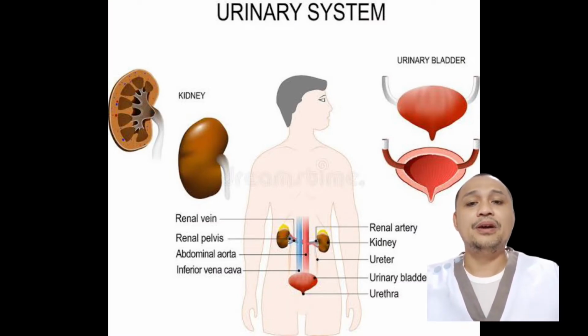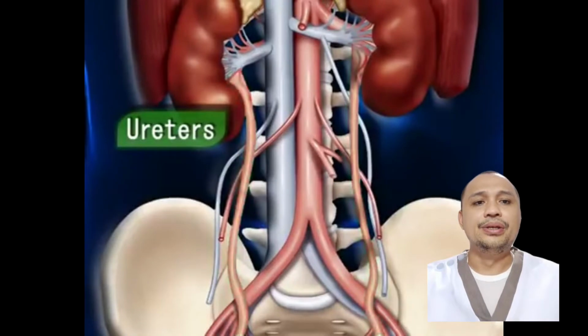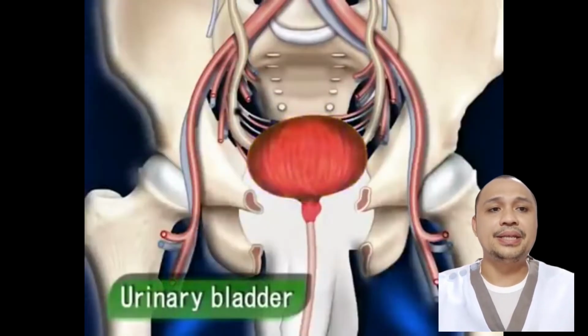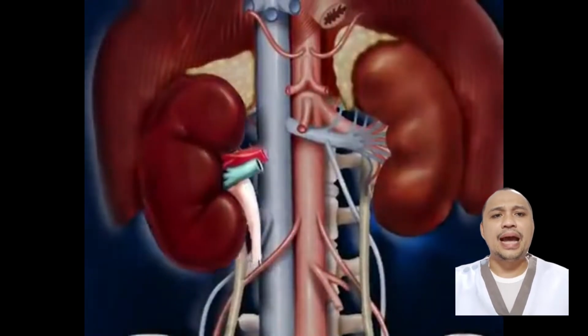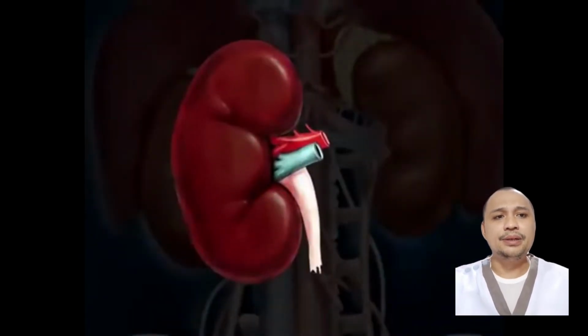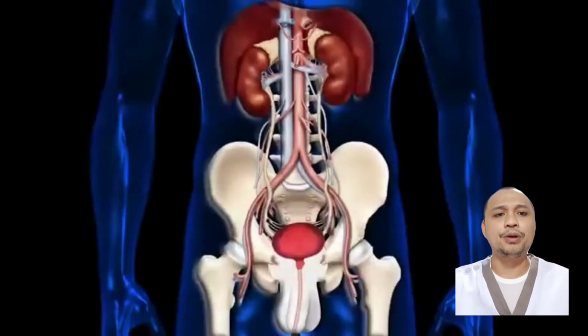The anatomy of the urinary system. The urinary system consists of four major organs: the kidneys, ureters, urinary bladder, and the urethra. Together, these organs act to filter blood, remove waste products, create urine, and transport urine out of the body.